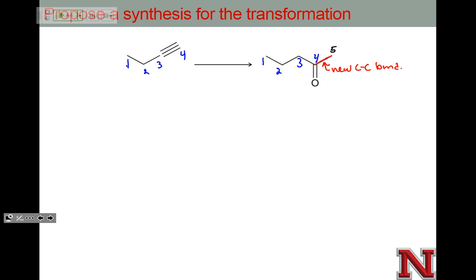So if we take our triple bond and react it with our very strong base to deprotonate it and our primary alkyl halide, what we're going to form is this.